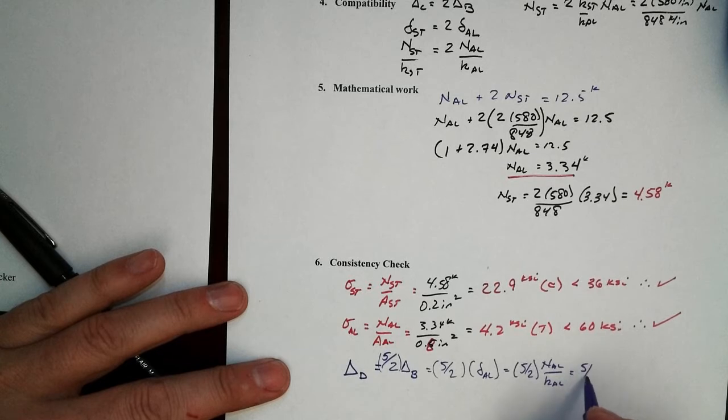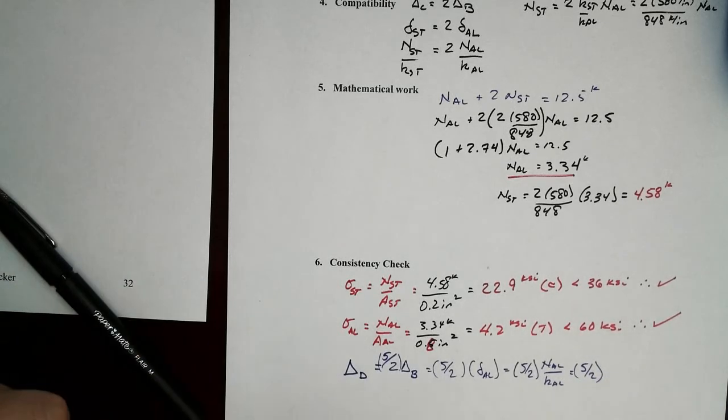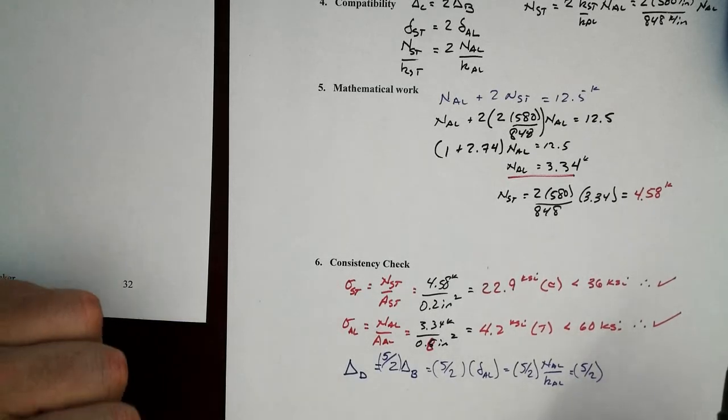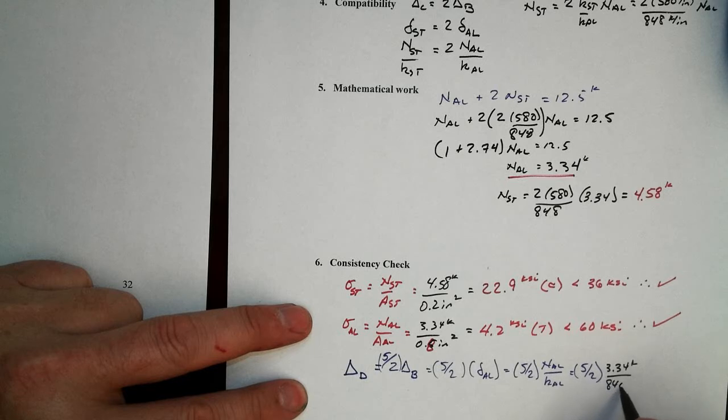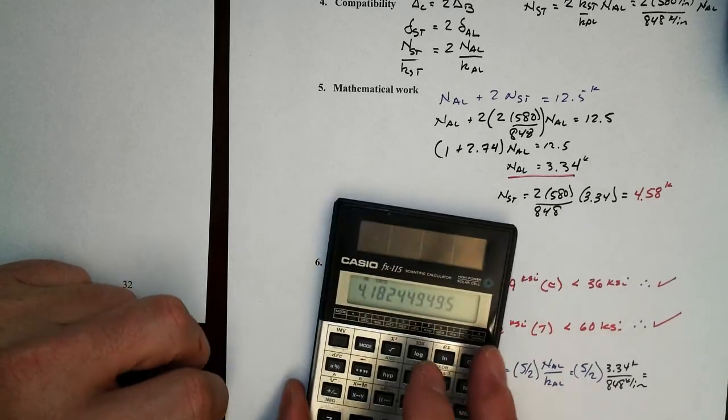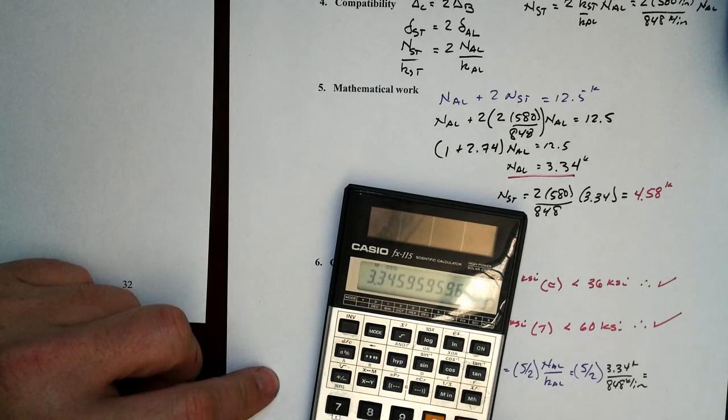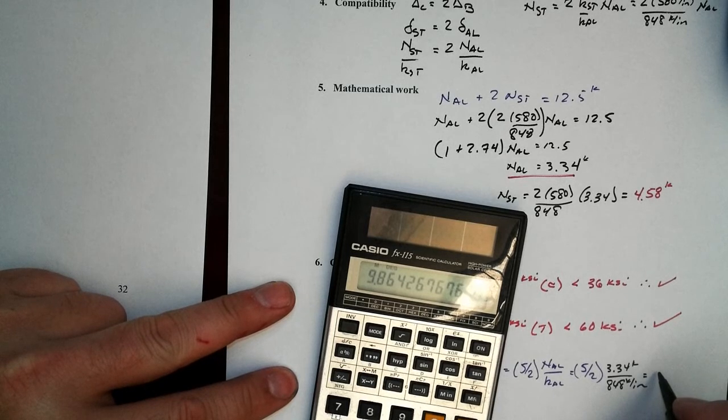Notice how this is all nicely working out, and I could have done NL over AE here, but I already have the stiffness, so why not work with it? And the value of the aluminum force is 3.34 kips. Stiffness is 848 kips per inch, so kip over kip per inch is going to give us inches, and so we get then a very small value, 0.00986 inches.